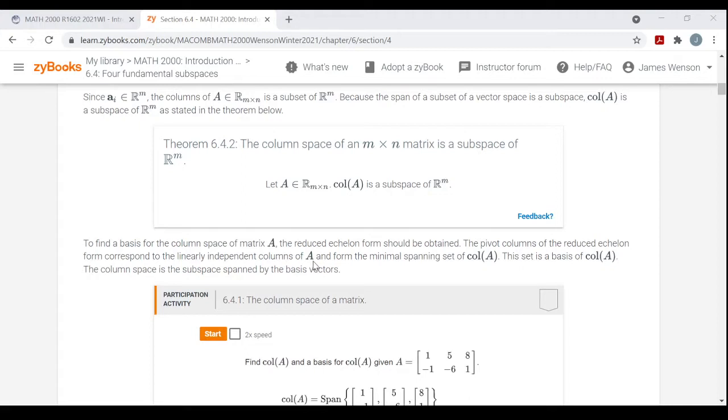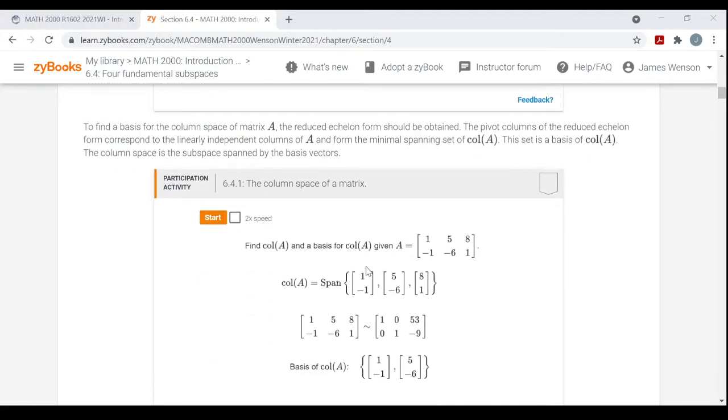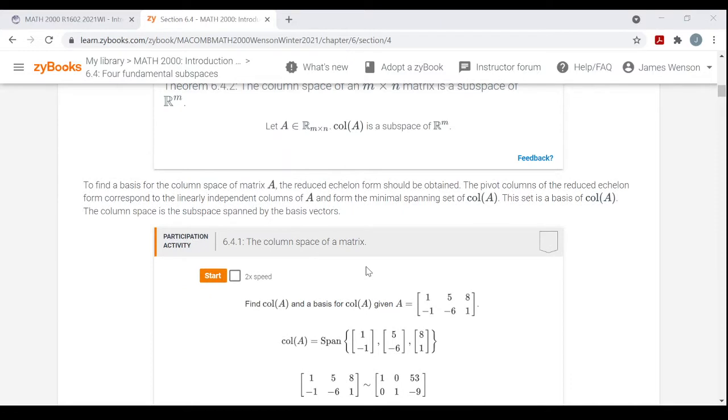Those linearly independent columns will form a minimal spanning set of the column space of A, or a basis for the column space of A. Okay. So they give an example here, which I'll do on some paper.